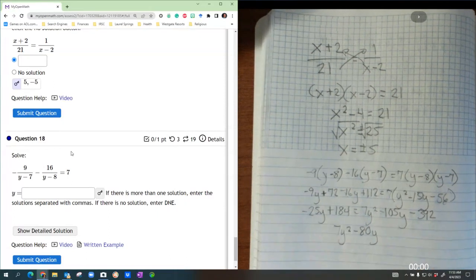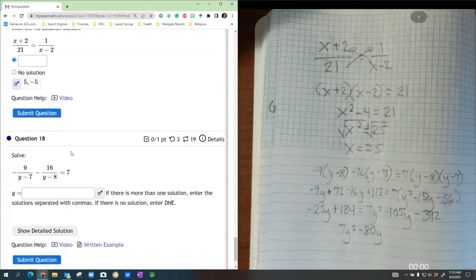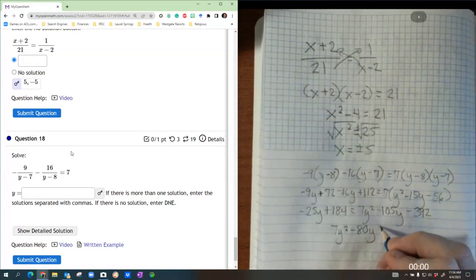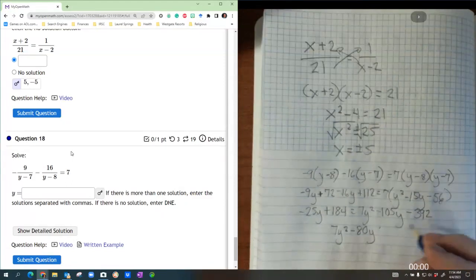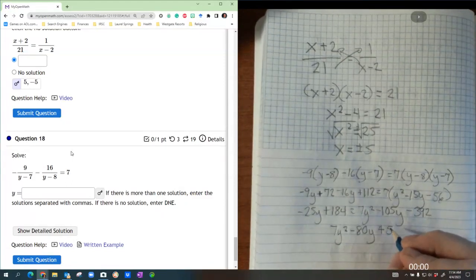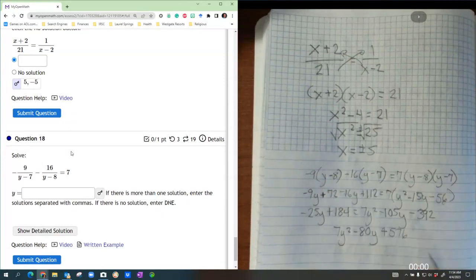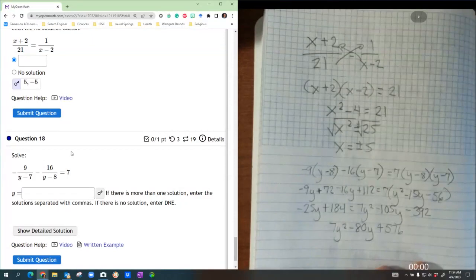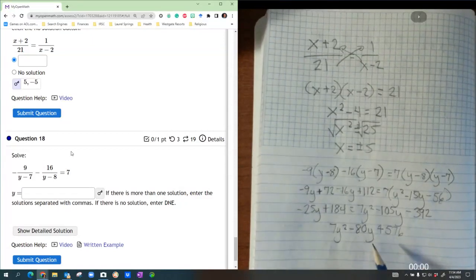Then I'm going to subtract 184 from both sides. Actually, I'm going to do that. 576. All right, so that's how that works so far.